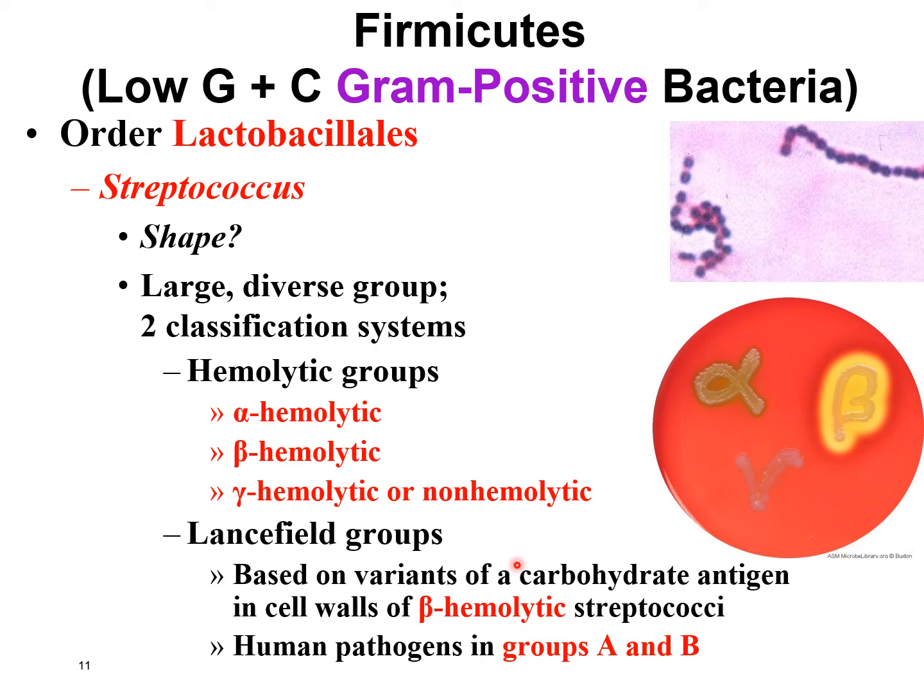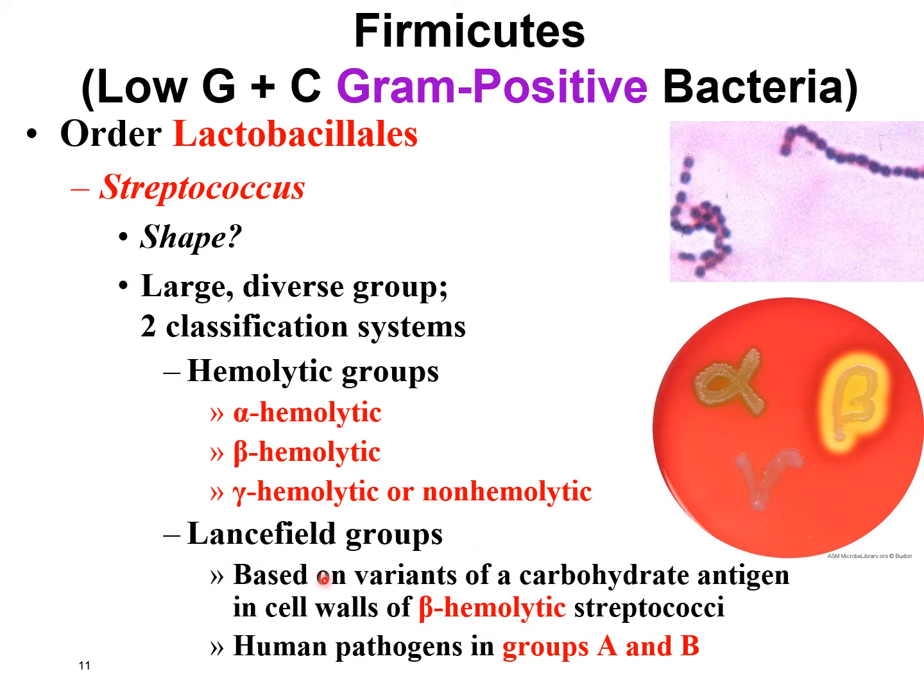And then the last group would be the gamma hemolytic strep, or sometimes they're also called non-hemolytic strep. And that's on the bottom here. So the gamma hemolytic strep, they're not going to hemolyze the red blood cells at all. And so there's no change in color in the blood agar at all.